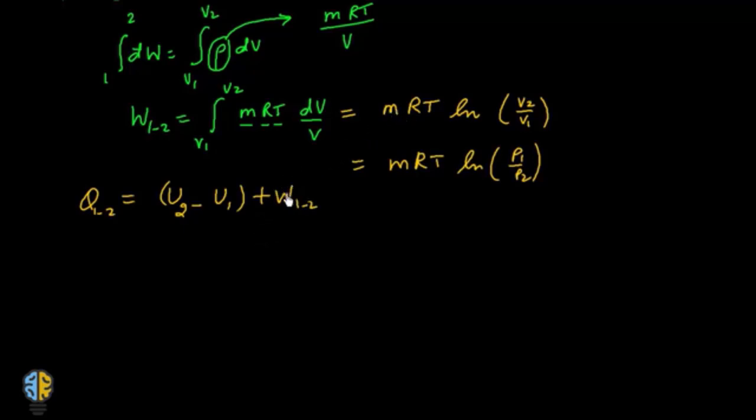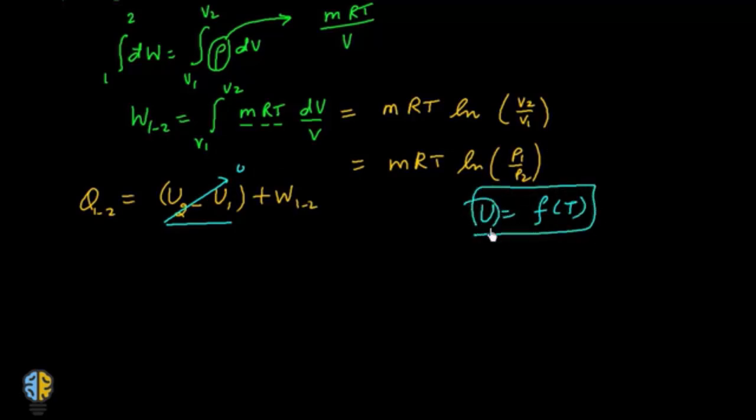From this equation, I know that U2 minus U1 is equal to 0, because internal energy is a function of temperature, and because temperature is constant, the internal energy change would be 0. So Q12 is equal to W12.